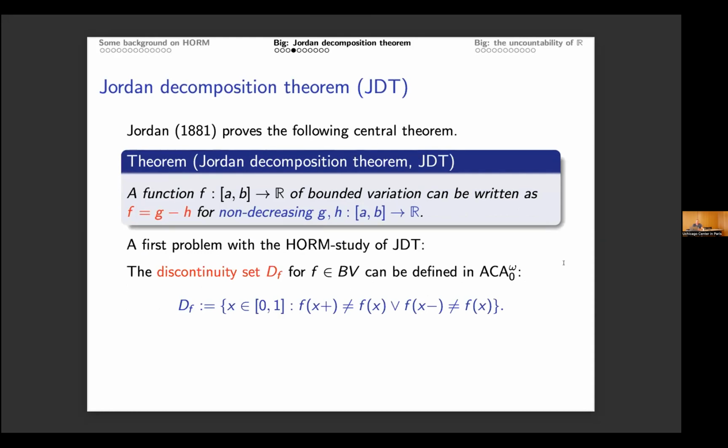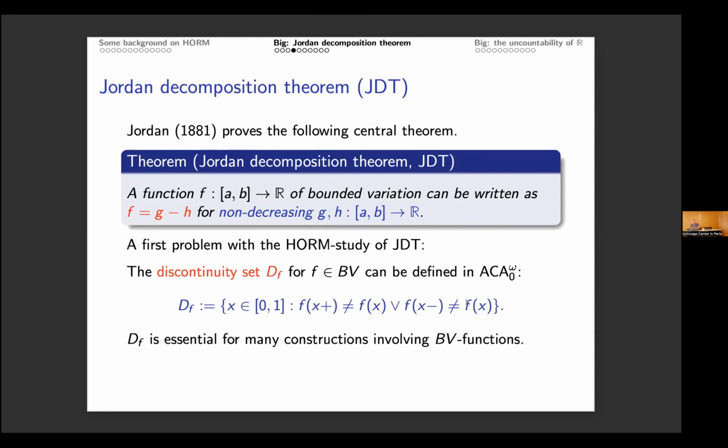This set is central to most of the basic real analysis, the discontinuity set. This is the set where f in BV is discontinuous. Namely, the right limit does not equal the function value, or the left limit does not equal the function value. You can define this set in ACA0 little omega. And as I've said, it's central to all of real analysis.